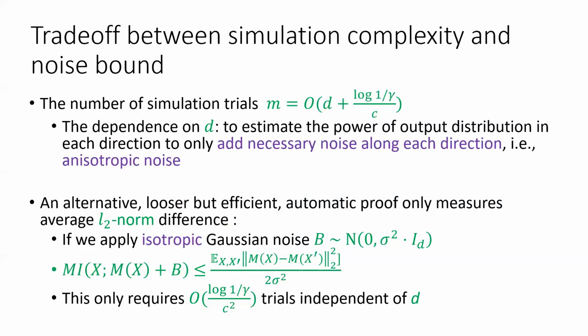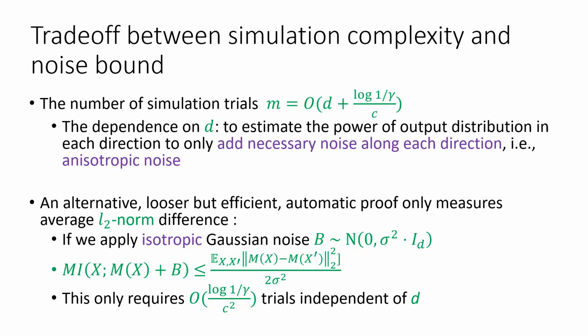There are several remarks here. First, how large is the simulation complexity? If you really want the optimal Gaussian noise, there is O(d) here, because we need to estimate the power along each direction in the d-dimensional space. But in our paper, we present several tricks, and there are many trade-offs.